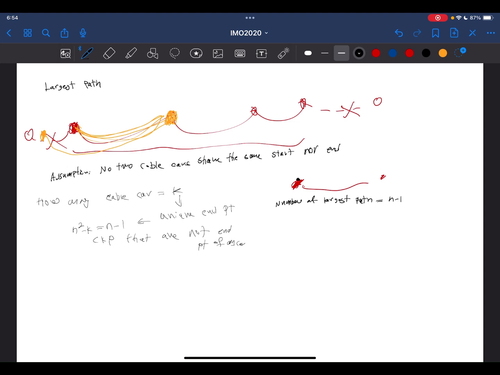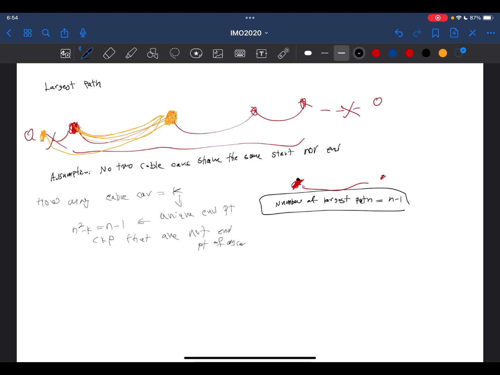And that's it. That's actually a proof that the number of largest paths is exactly n minus 1. Again, I emphasize that a standalone checkpoint itself could be a largest path.